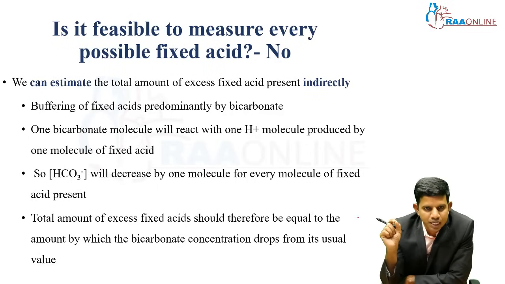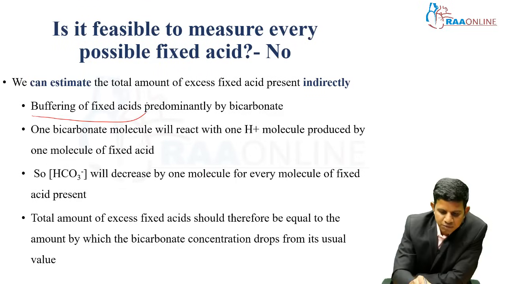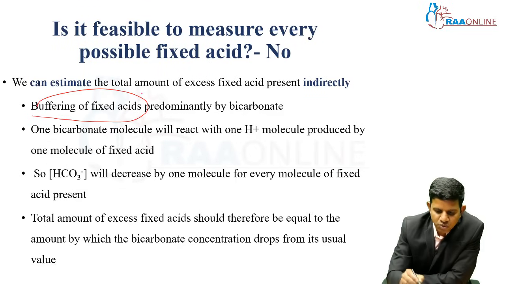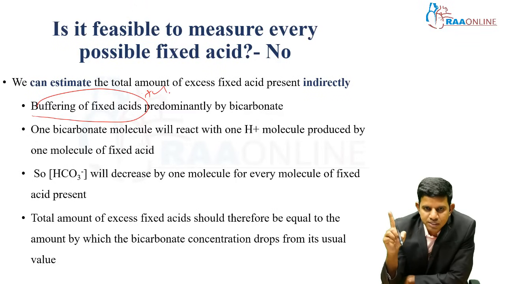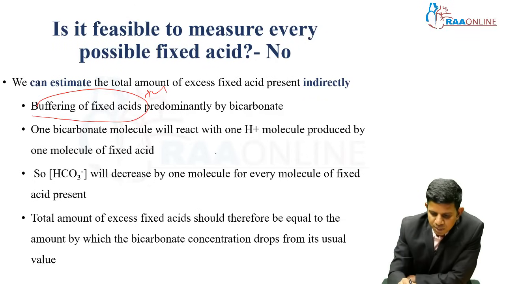For example, if I add some fixed acid, such as hydrochloric acid or sulfuric acid, to the patient's blood. Say I am producing sulfuric acid. This reaction will produce H plus and sulfate.